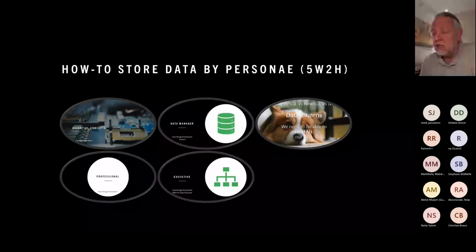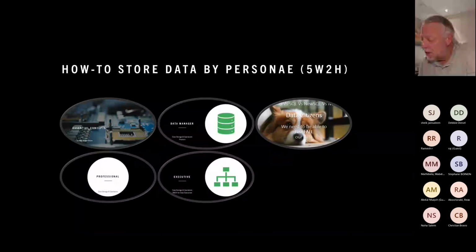Okay. So Raj, you're asking for some clarity on the bus architecture of Ralph Kimball. So let me go back to that slide that we had with the data lake house.